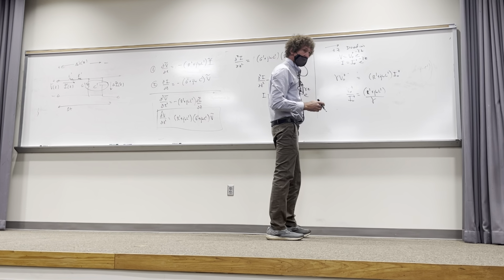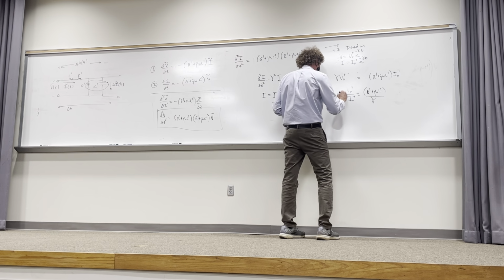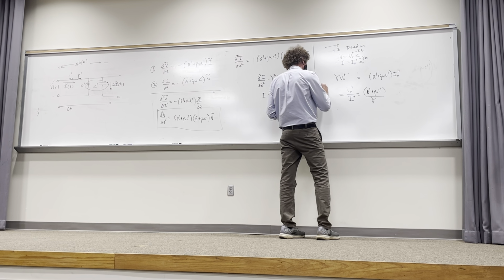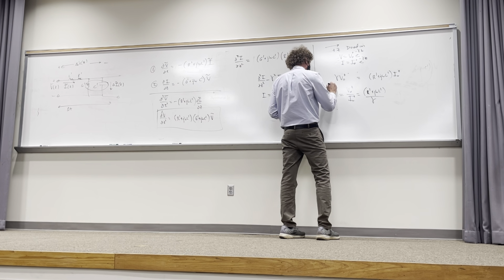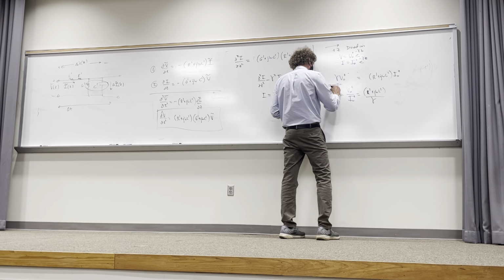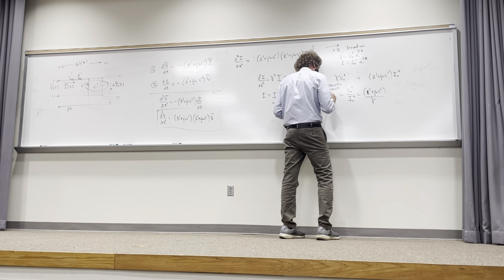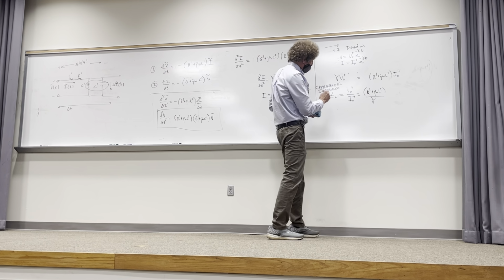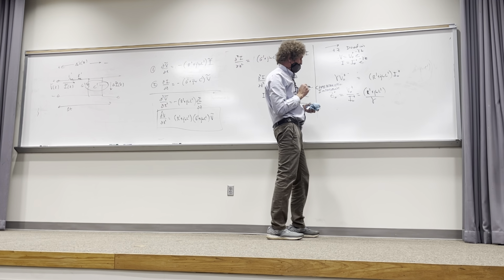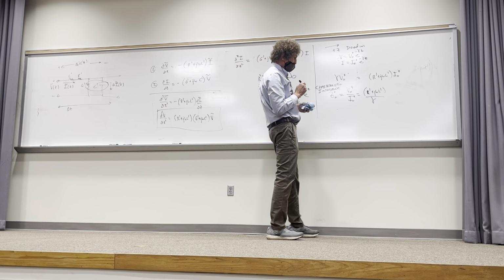All right, and by the way, this is called the characteristic impedance. And the symbol is Z0. Now you can put a plus there if you want, since it's a ratio of V0 plus to I0 plus.